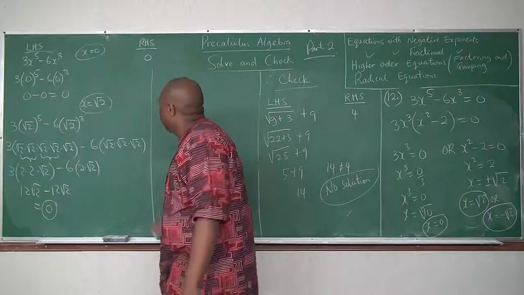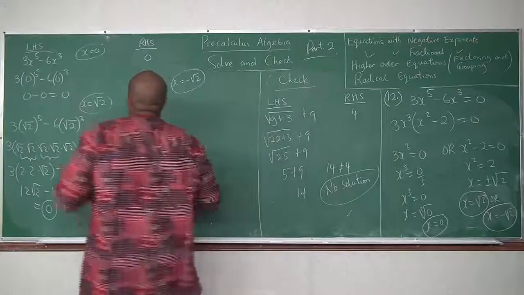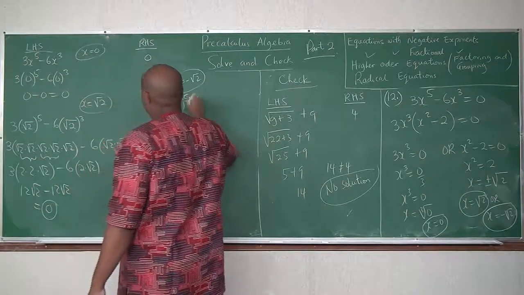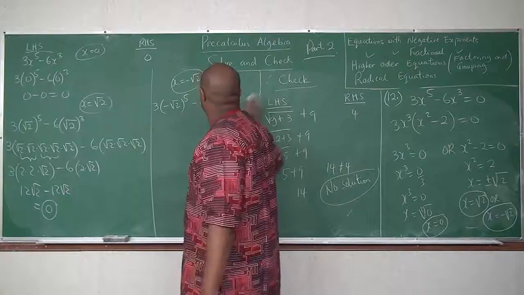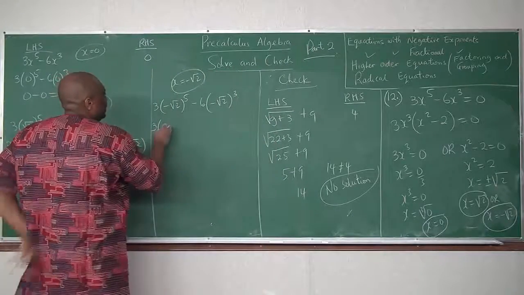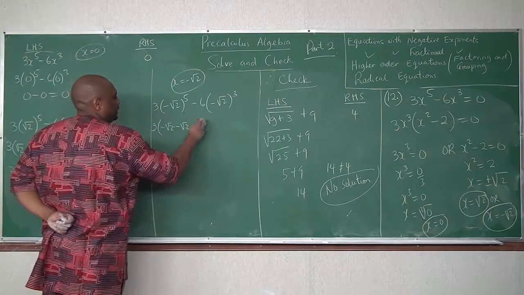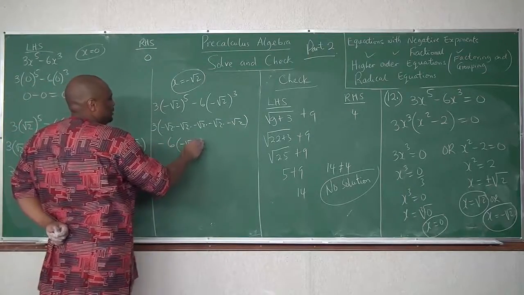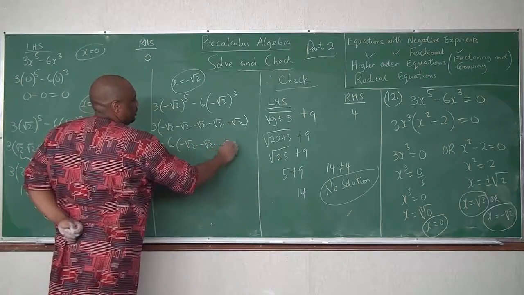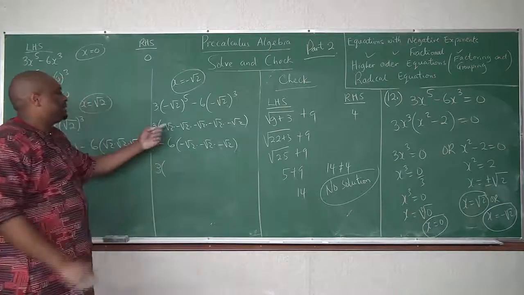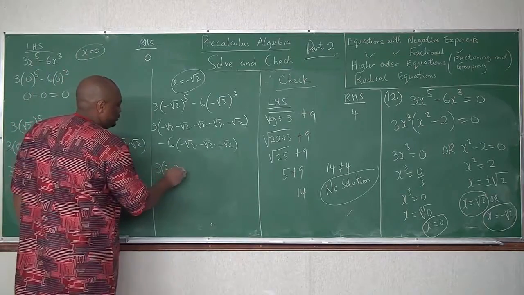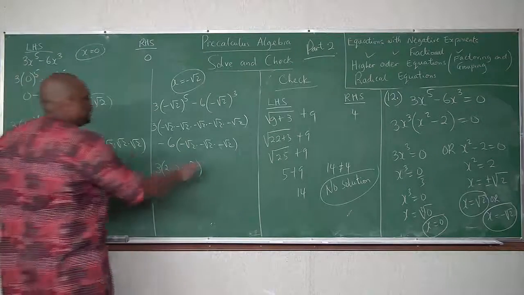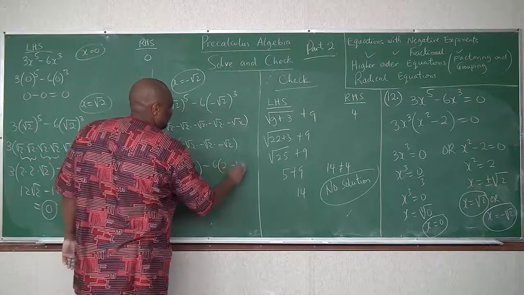I just decided to split it out so that you see it. If we do the same thing for x equal to negative radical 2, we have 3 times negative radical 2 to the 5 minus 6 times negative radical 2 cubed. So 3 times 2 times 2 times negative radical 2, because minus times minus is plus, minus 6 times 2 times negative radical 2.